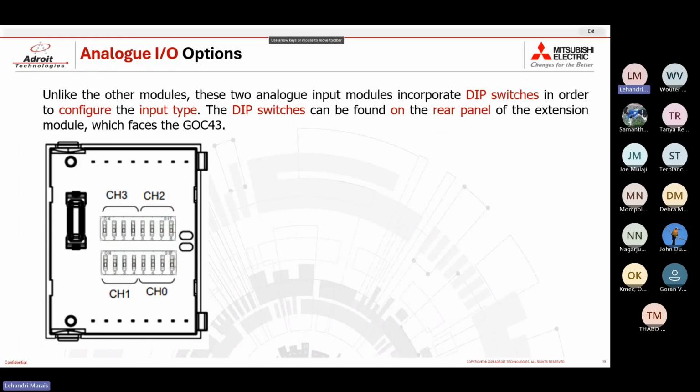Now, these 2 input modules are slightly different than your other modules, and that is with the fact that you use dip switches on the physical module itself to configure the input types for each of your channels.